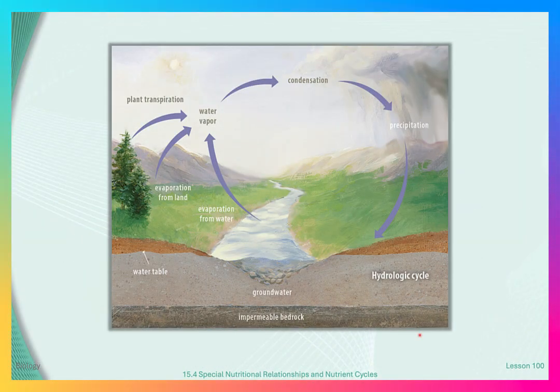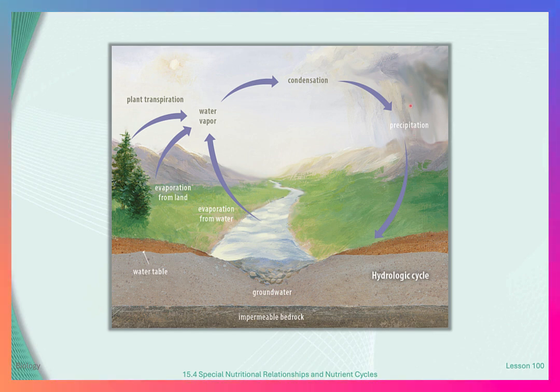So here's a picture of the water cycle. This shows, for example, over here you have evaporation from the land, evaporation from the water here, and the plants transpire, which means they release water into the atmosphere. This water vapor then goes up and is condensed in the clouds.